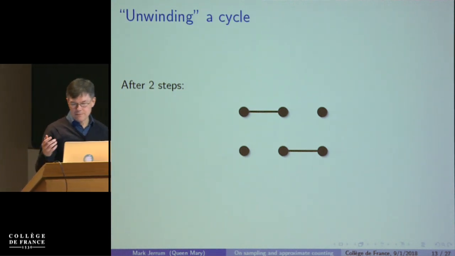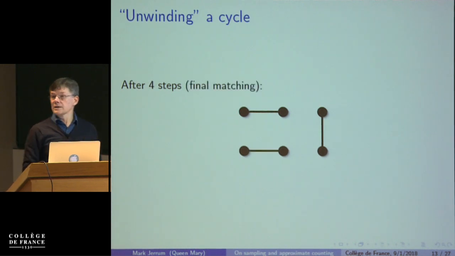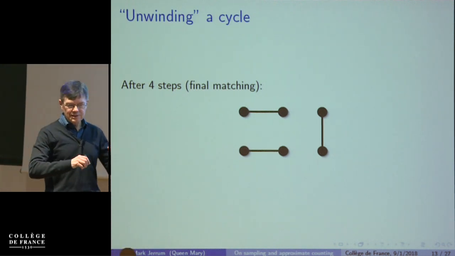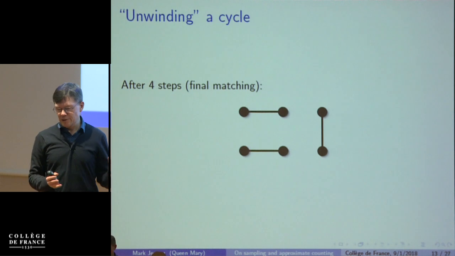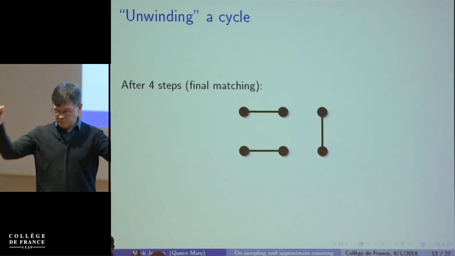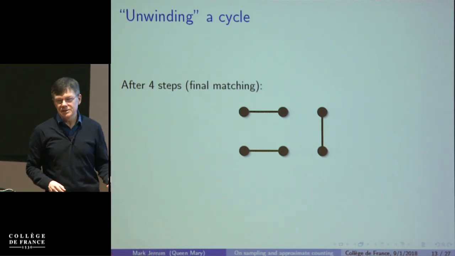It's not essential, but it makes life a little bit easier. And then we can slide the edges round and get to the red matching. So that's just a hint about how you design the canonical paths in order to make sure there is no congestion.